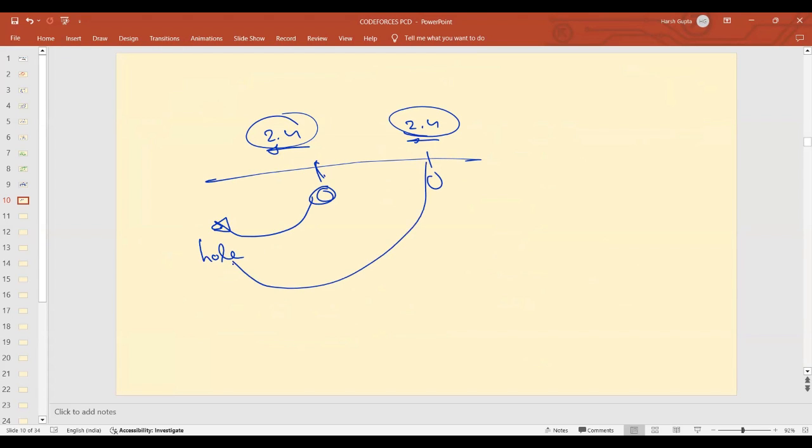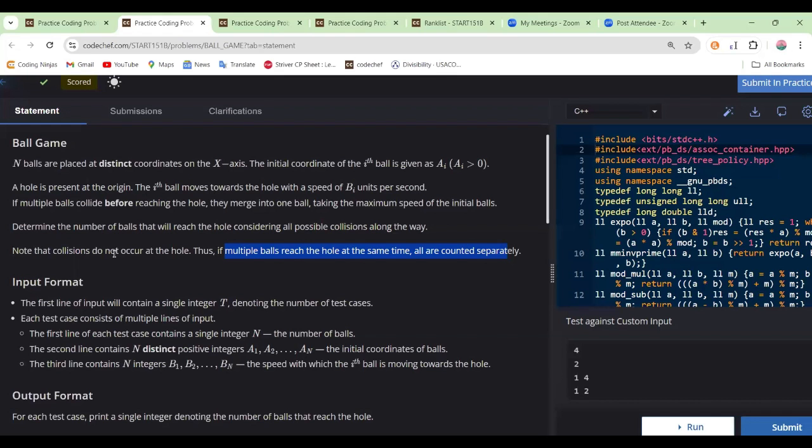In the question, they have mentioned that collision does not occur at the hole. So if they reach the hole at the same time, they are counted as two distinct balls and not the same ball. If multiple balls reach the hole at the same time, all are counted separately. Is it clear?